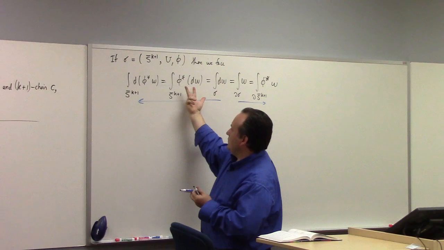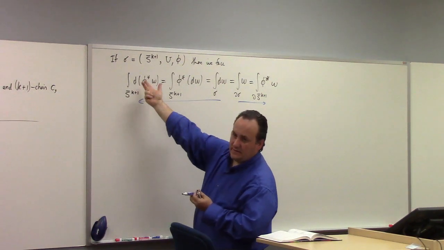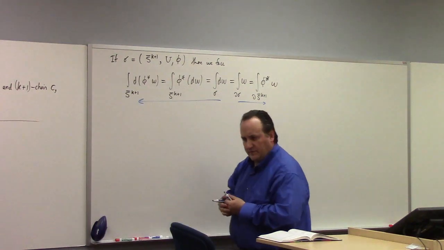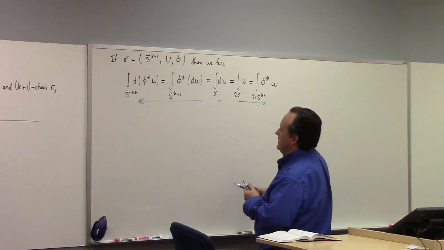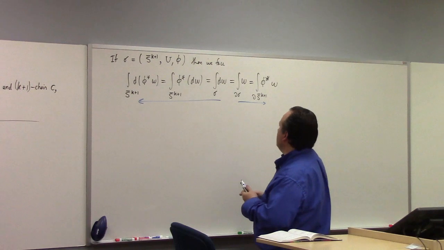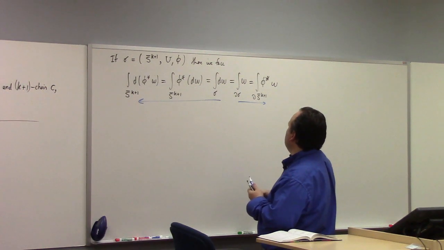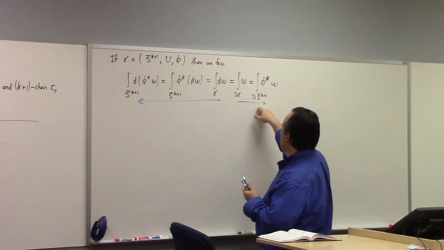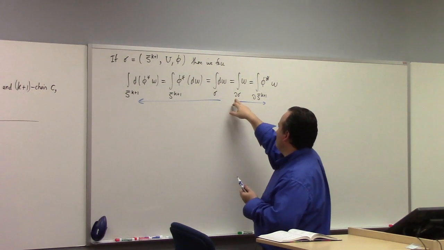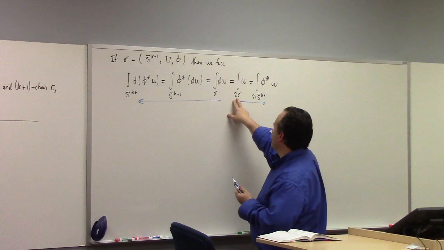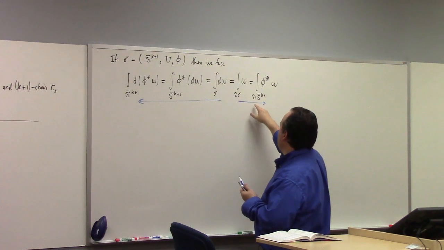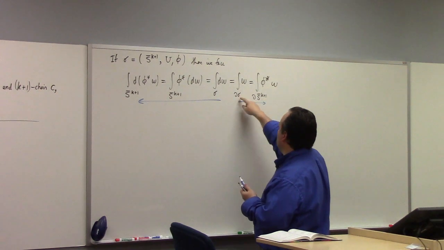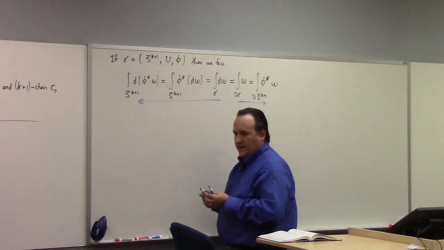And this, of course, is just the property of the pullback, that the pullback commutes with the exterior derivative. We proved that the other day, right? It's still true in this context. And this is just what we mean by this integral. So the integral over the boundary of the simplex is by definition the integral over the boundary of the pullback of the simplex to the boundary of the simplex.